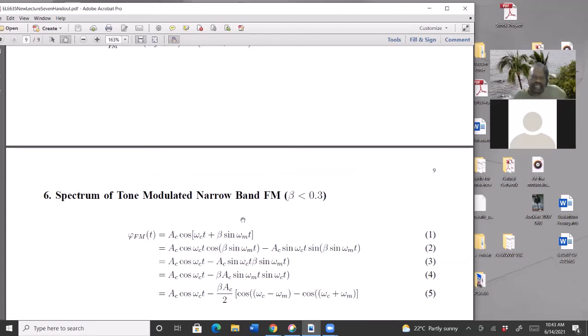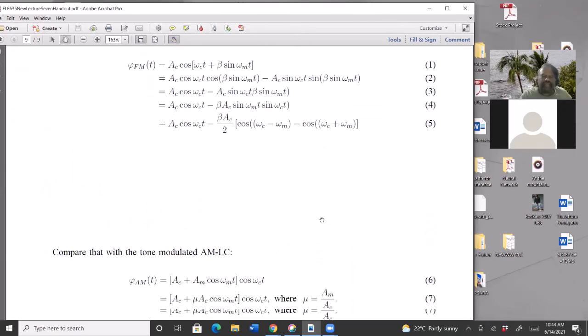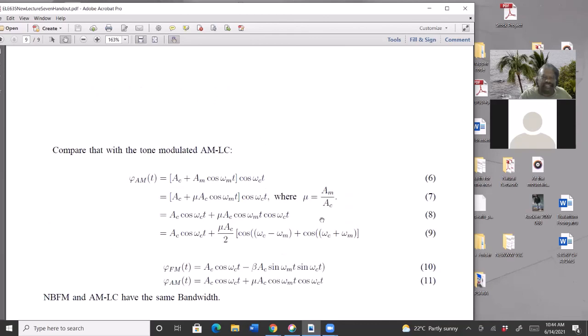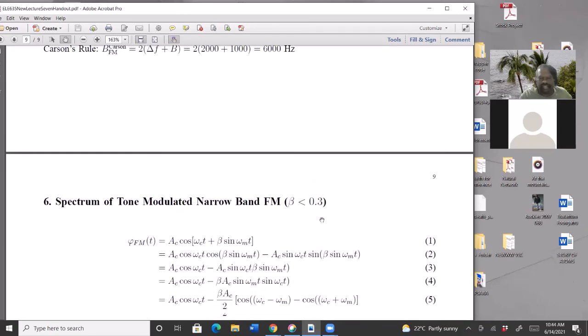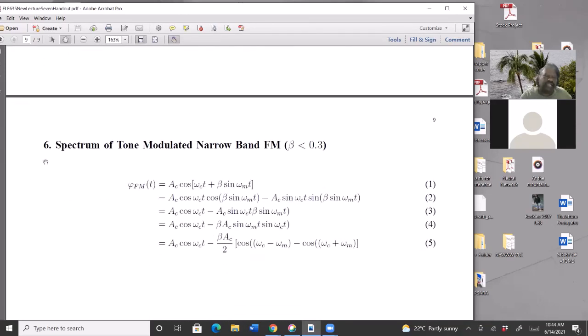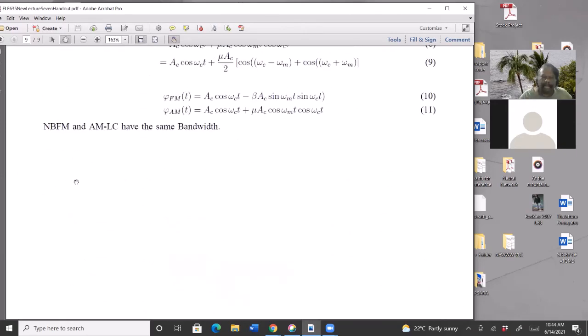Basically what is happening here is there is a similarity between the tone modulated narrowband FM and the AM large carrier. I am not going to examine you on this, and it's not really useful anyway, so please ignore section 6. Okay, guys, so that's it.